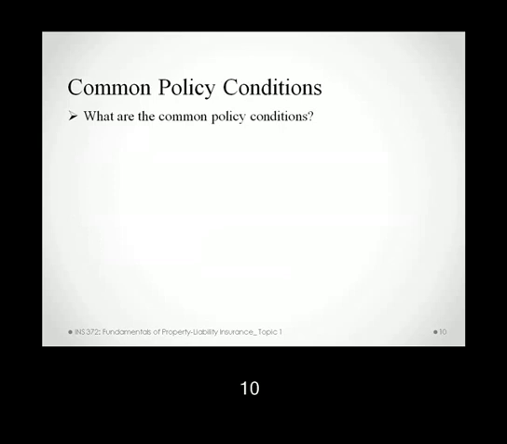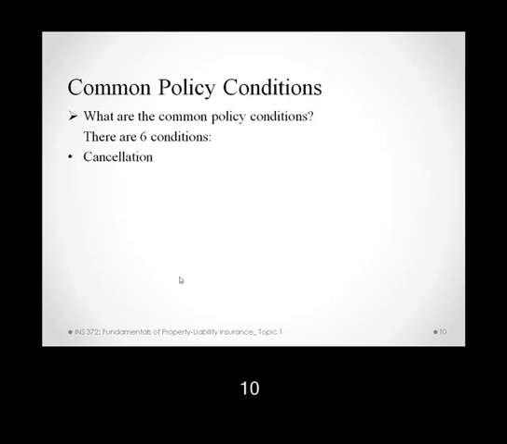The next thing we're going to talk about is the conditions. Now, for any type of insurance policy, whether it's life insurance or auto insurance or commercial insurance, there are some conditions. So, in particular, for the commercial policy, there are 6 conditions.